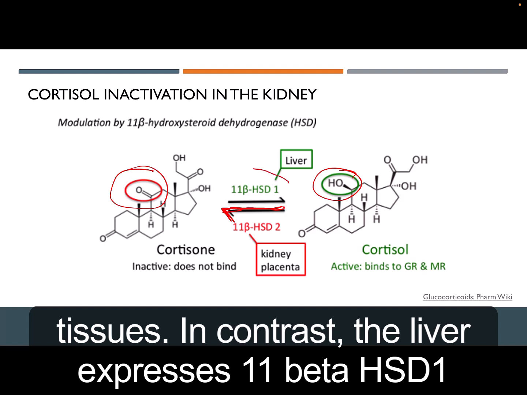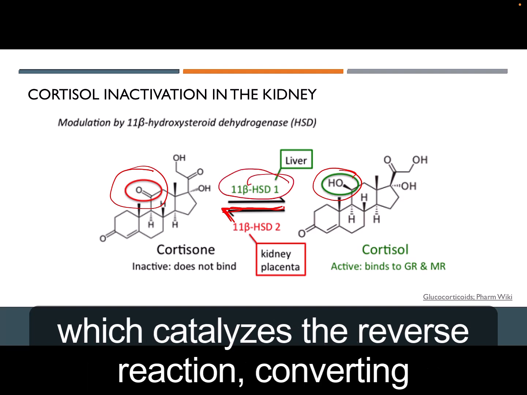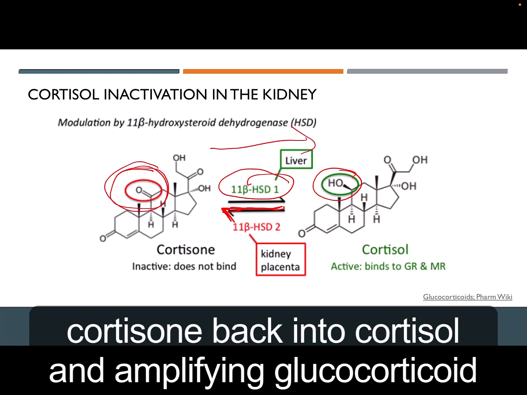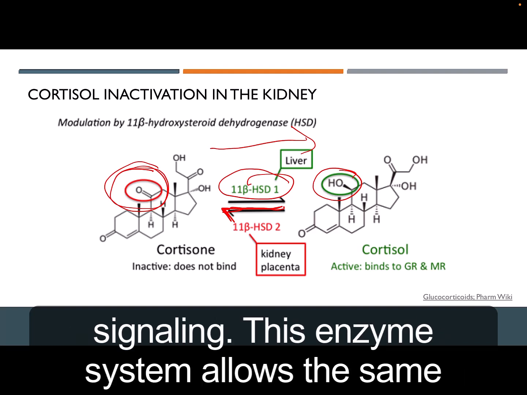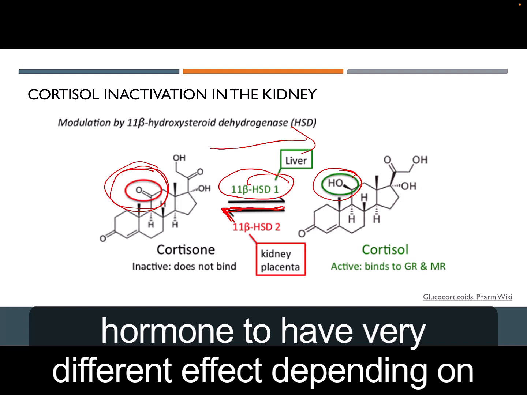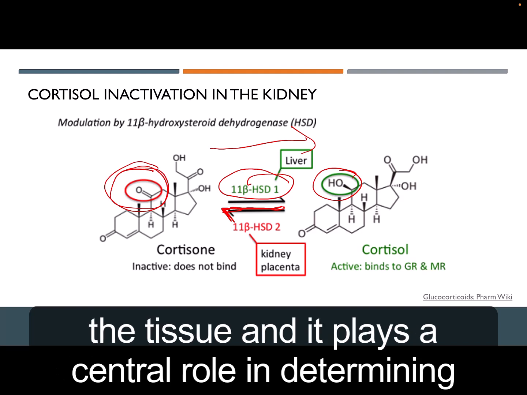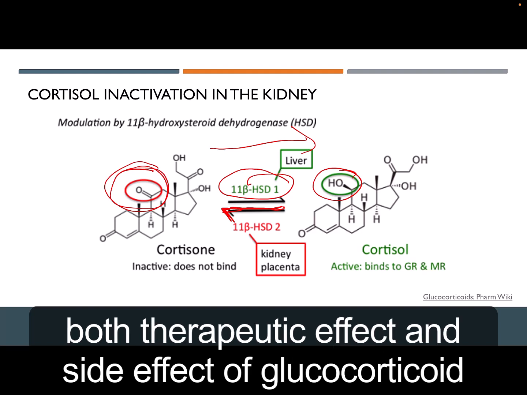In contrast, the liver expresses 11-beta HSD1, which catalyzes the reverse reaction, converting cortisone back into cortisol and amplifying glucocorticoid signaling. This enzyme system allows the same hormone to have very different effects depending on the tissue, and it plays a central role in determining both therapeutic effects and side effects of glucocorticoid drugs.